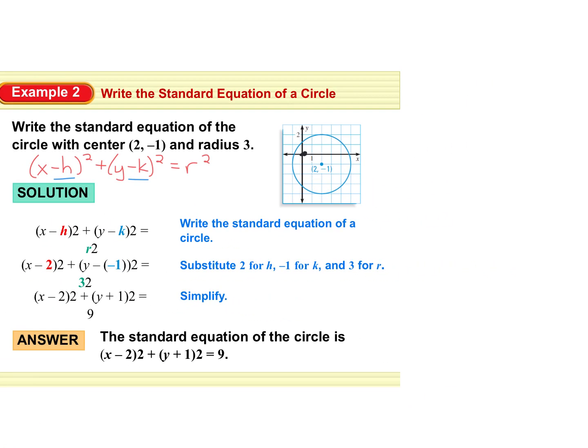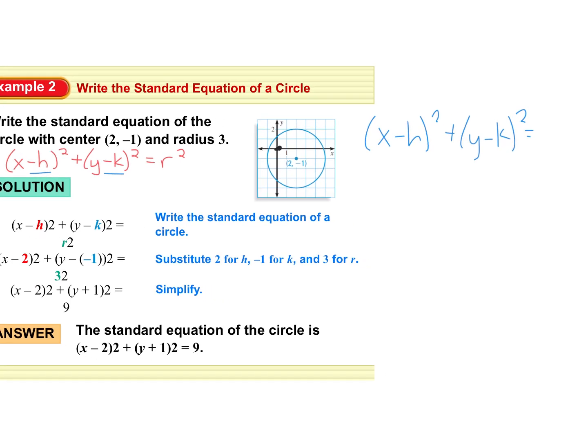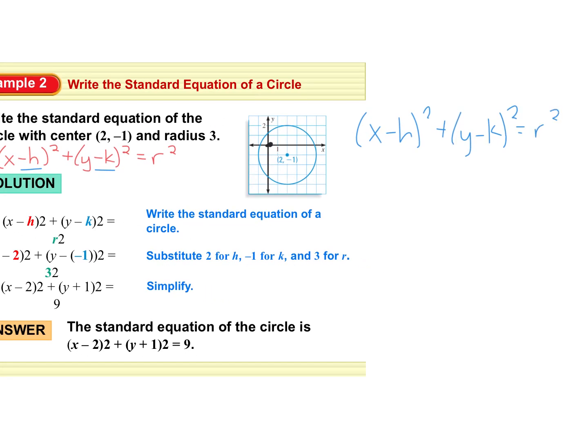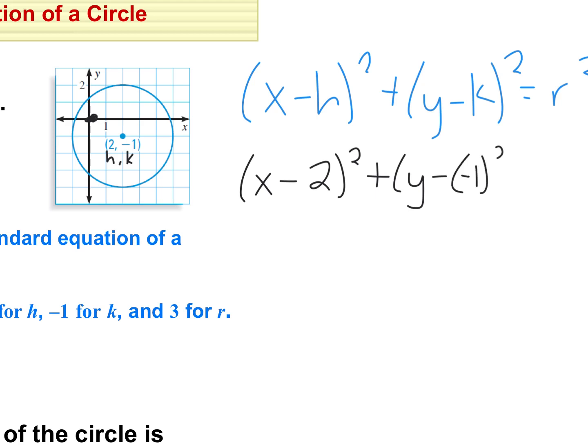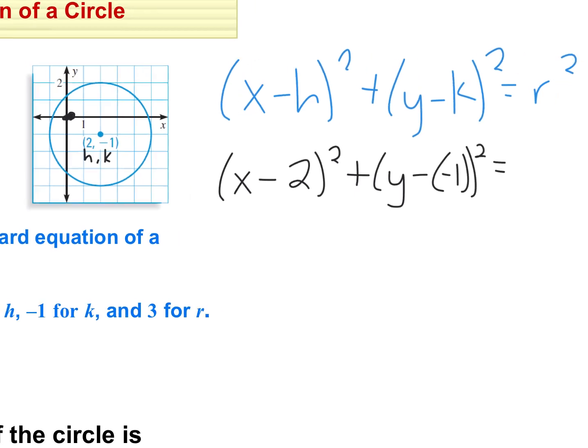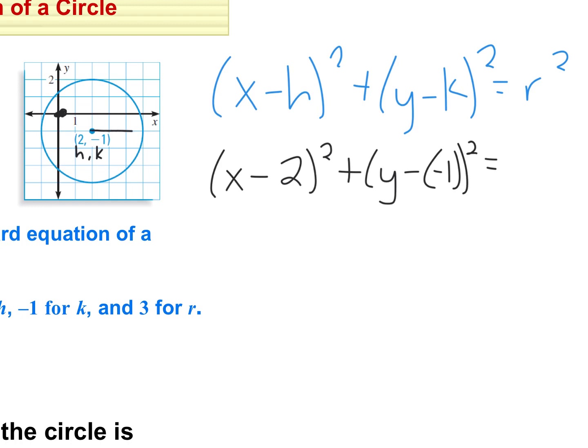Over here I have x minus h squared plus y minus k squared equals r squared. Let's plug in what we know. My h value is 2, so x minus 2 squared plus y minus, what's my k value? Negative 1 squared equals, and the radius is 3 squared.